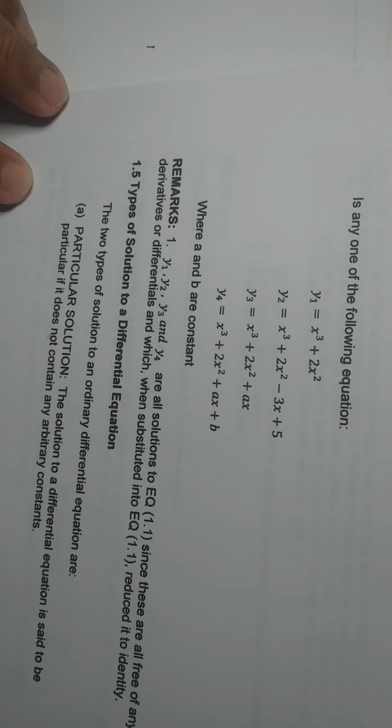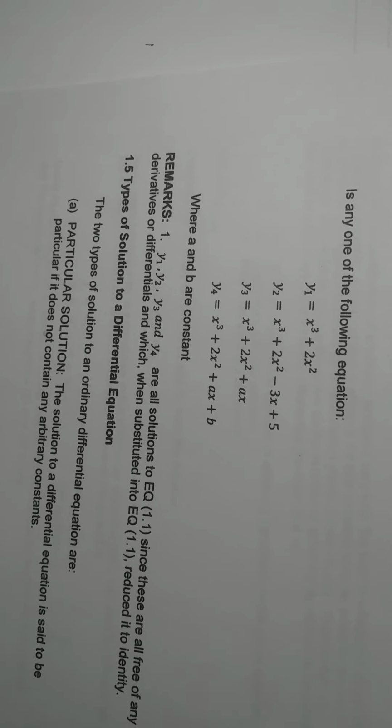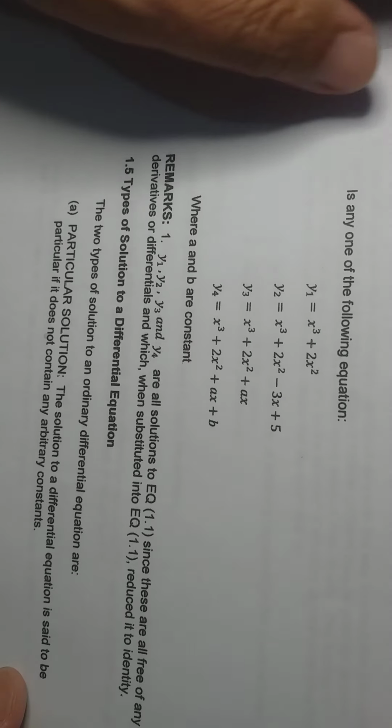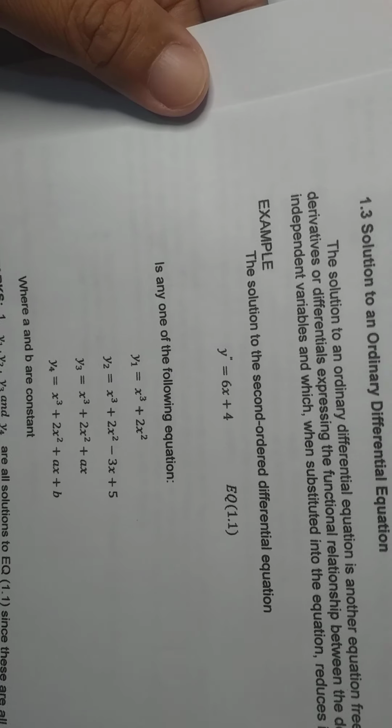So, types of solution to an ordinary differential equation. We have two types of solution to an ordinary differential equation, and these are particular solution. So what is a particular solution? The solution to a differential equation is said to be particular if it does not contain any arbitrary constant. So the equation must be free of any arbitrary constant.